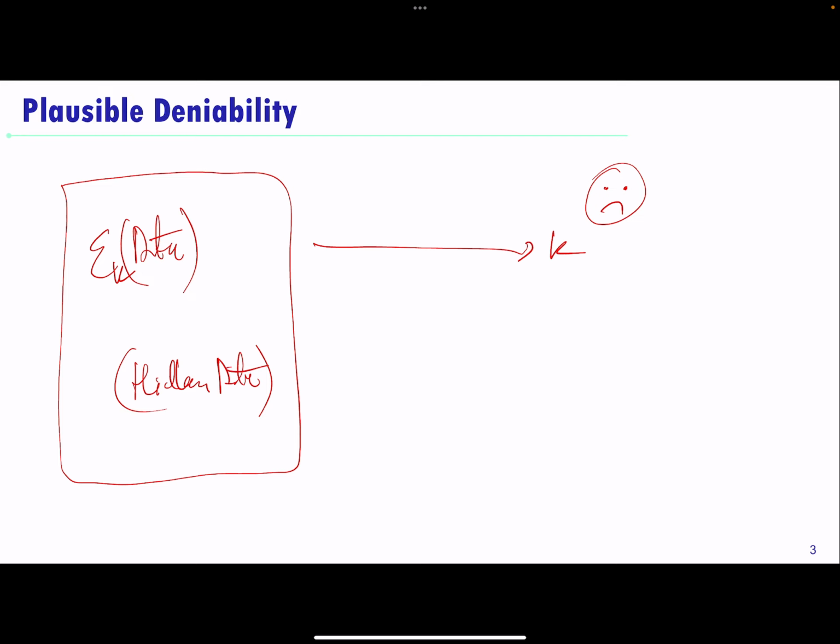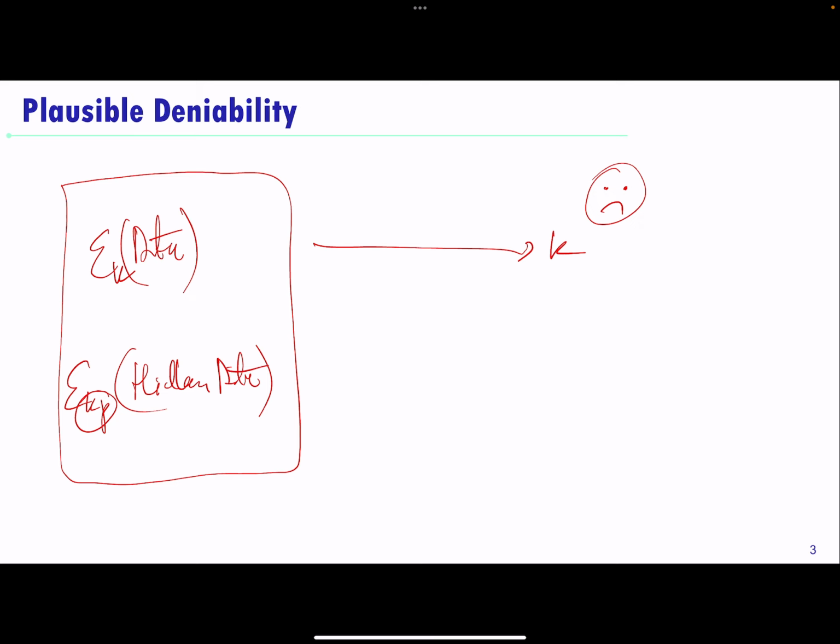And usually what you're going to do is you're going to encrypt this hidden data with a different key that you're not going to reveal to the bad guy. And so basically what you're trying to achieve here is the ability to still get privacy guarantees, potentially through encryption somehow, while at the same time being able to be responsive to rubber hose / coercive attacks. That's the general idea of plausible deniability in the context of storage.